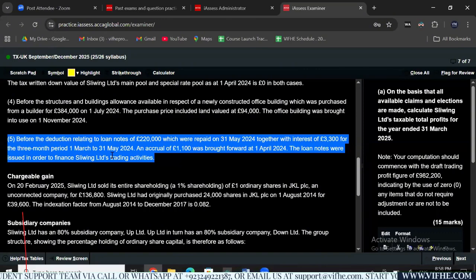But then, the loan note has been repaid along with the accrued interest, see the repayment of.